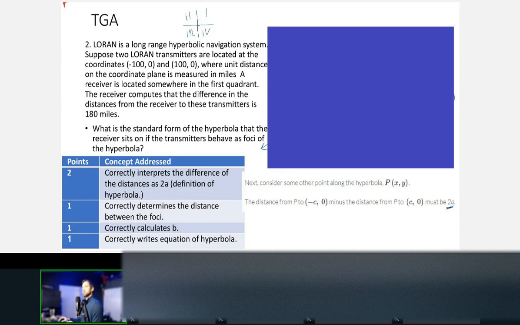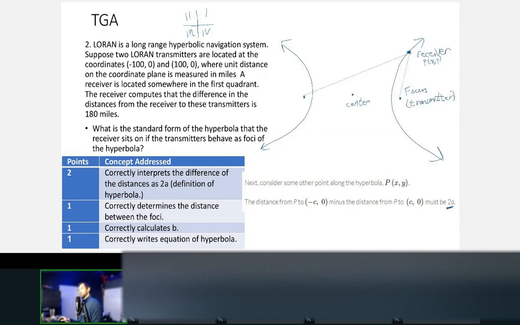So I'm going to give you a push in the right direction and answer your question there. So we have the center. Here's our 2 foci points. Okay, there's the 2 foci points of the hyperbola.